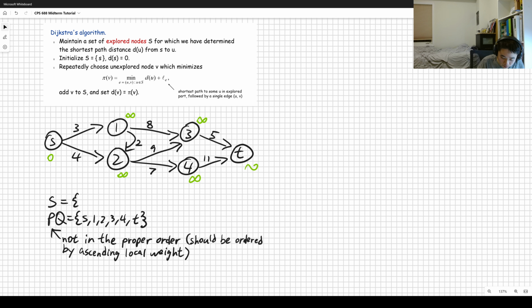I'm going to start with S, and the algorithm requires me to, oh, we've got some people coming in. Okay, S has the cost of 0, which is the smallest in the current priority queue, so we're going to take out S. Then we update the nodes it is connected to.